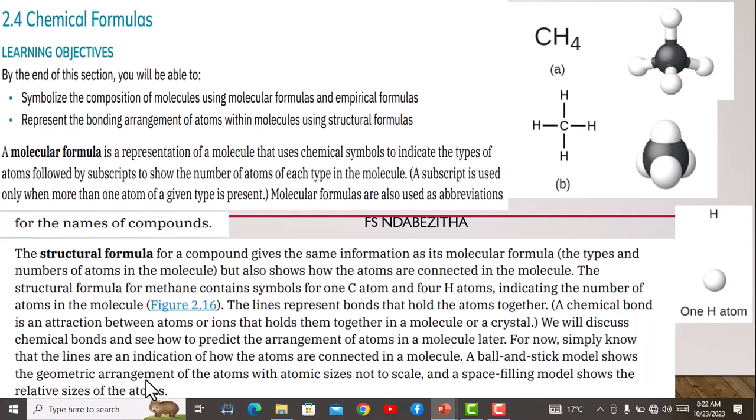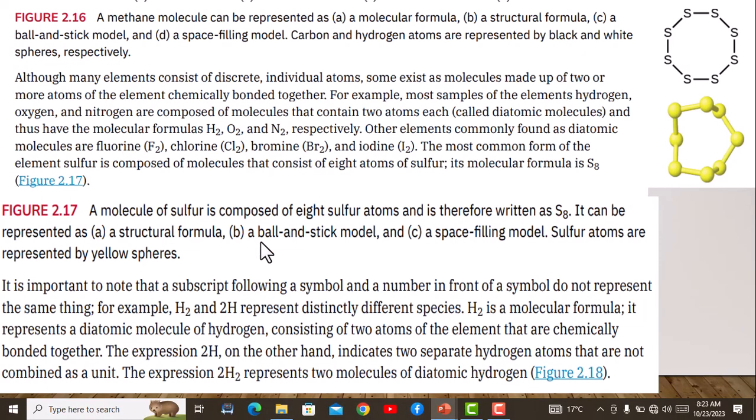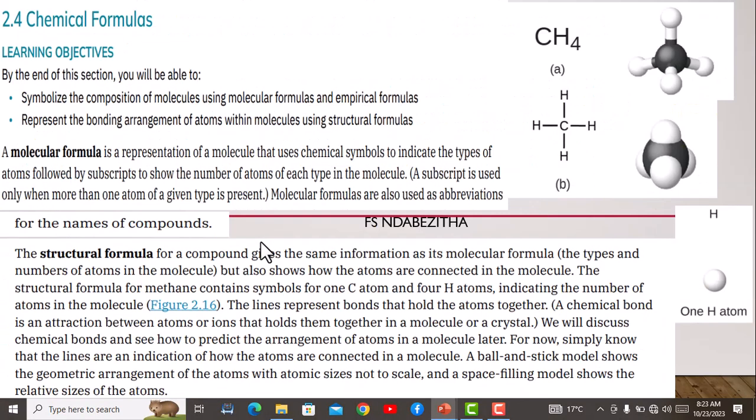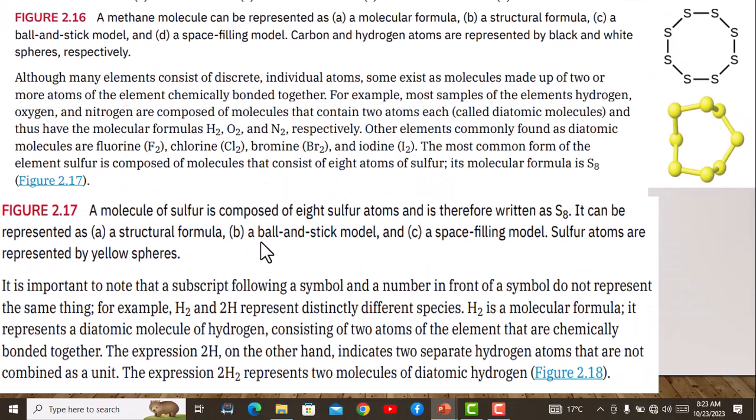The atomic sizes are not to scale, so the sizes of these atoms are not necessarily drawn to scale, and a space filling model shows the relative sizes of the atoms. Okay, that is fine. That was just the first slide, giving us an introduction to the structural formula and the molecular formula of these atoms.